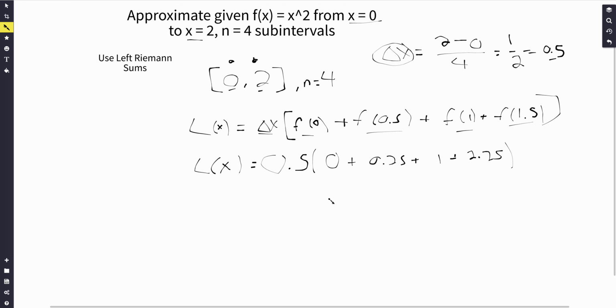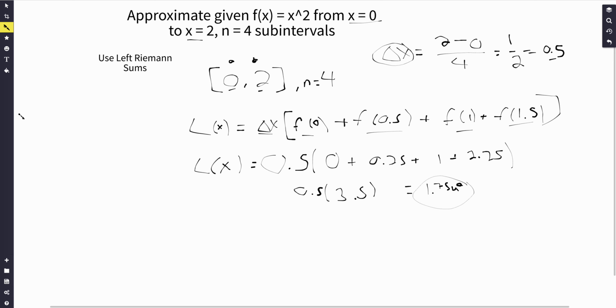Now add these up and multiply them together, and then you get 0.5 times 3.5, and the final answer would be 1.75. Don't forget units squared when you're finding the area. So that would be the answer if we're using a left Riemann sum.